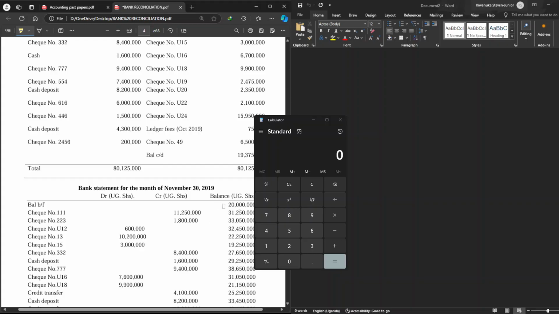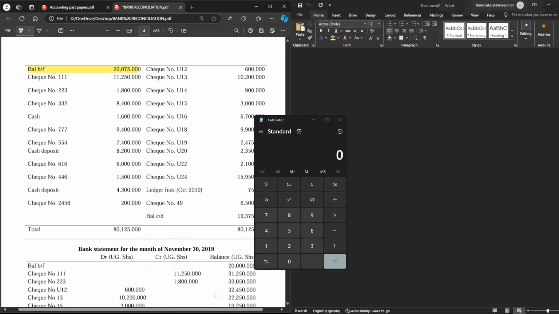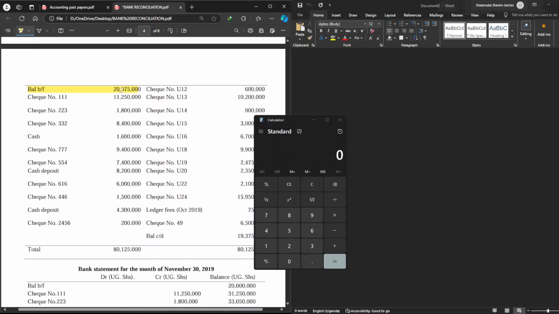We're encountering this for the first time, but we'll do it together. So we see that this is 20 million, but here we have 20 million 75,000. And so we see that here we have to adjust. I will put something small, adjust, so that we remember.